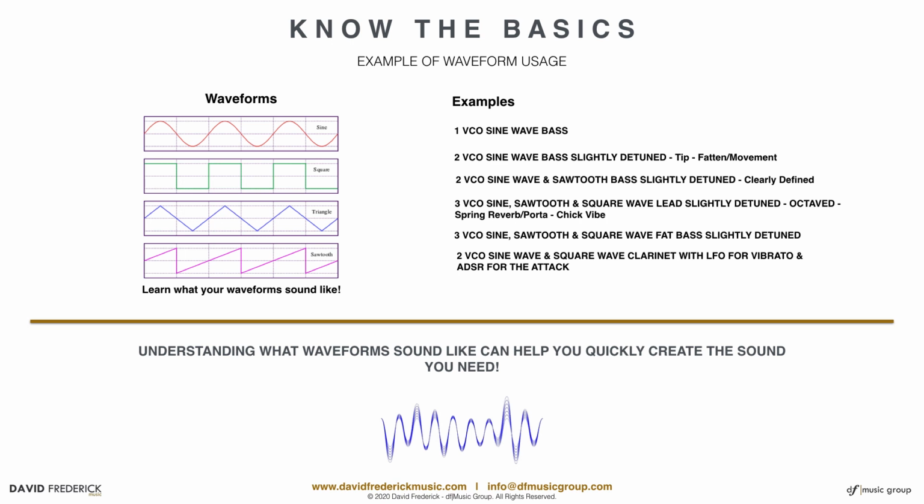Now, what's interesting here from a sonic perspective is this. I want you to think about what I thought about when I created this sound. I'm using the sine wave to give me a fat bottom, right? It's a rounded sound, it's nice and fat, it fills out and gives that bass sound some beef. I'm using the sawtooth to give me a little more of that bite and aggression, and I've used the square wave to just fill in the middle.